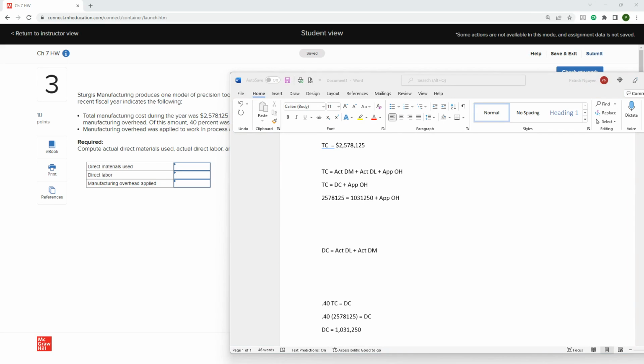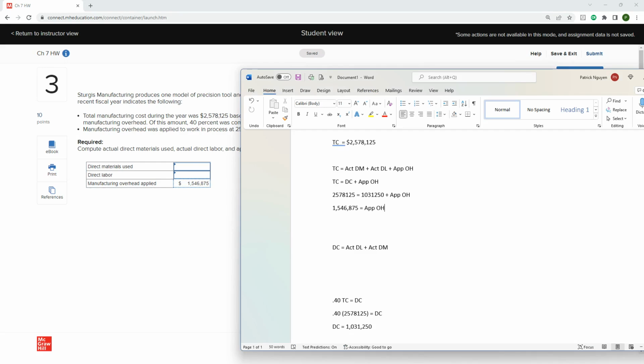So we had to do a few sub-equations to be able to figure out a bigger one, but we have one of our variables now. So applied manufacturing overhead is here, 1,546,875.